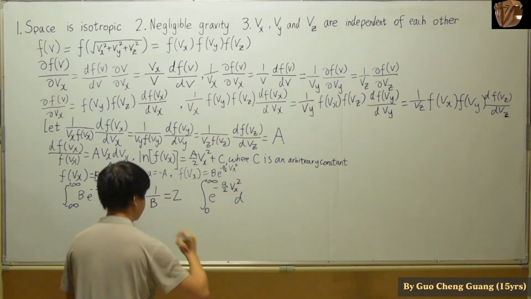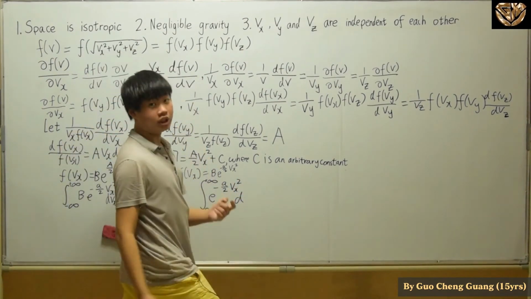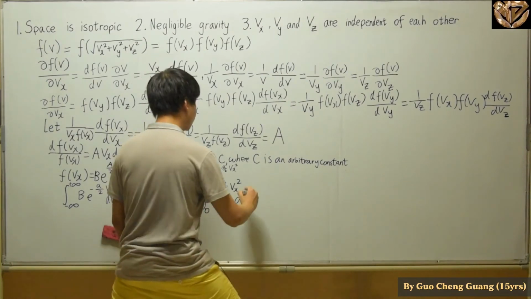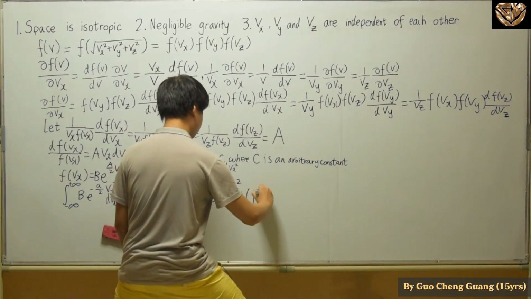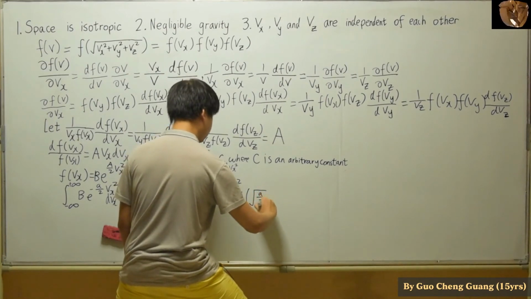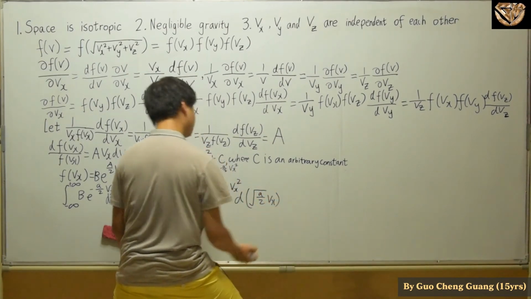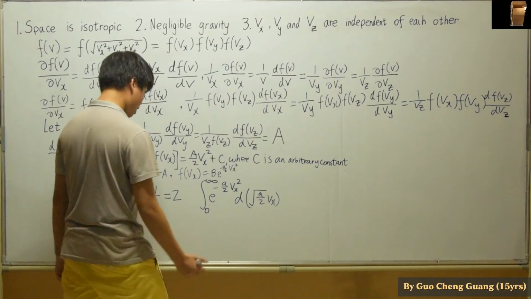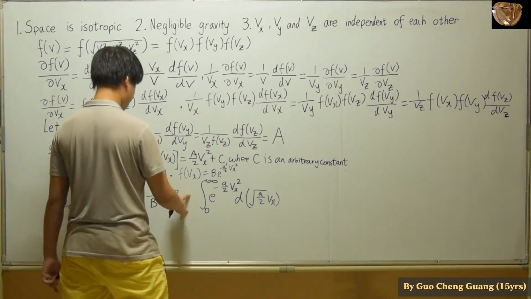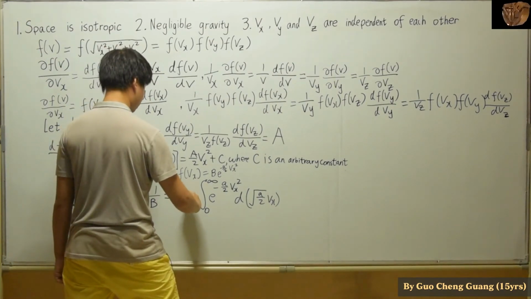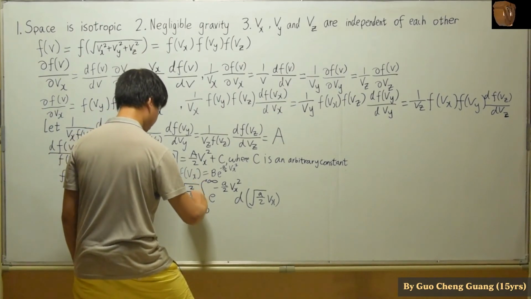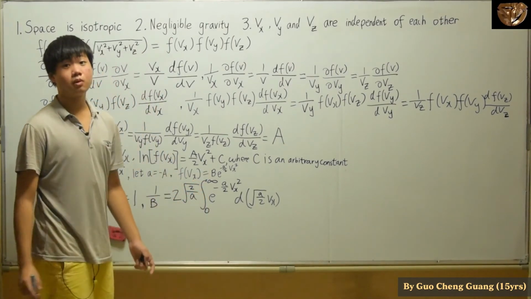So here, what are we going to change our vx to? We're going to change it into square root a over 2 vx. So when we have this inside changed, of course we are going to have something on the outside, which is square root 2 over a. And this is what we're going to see.